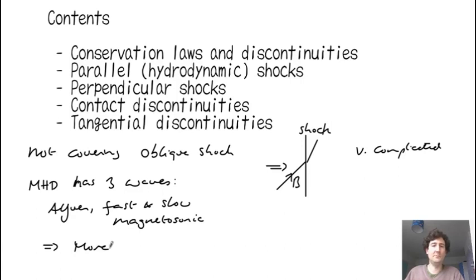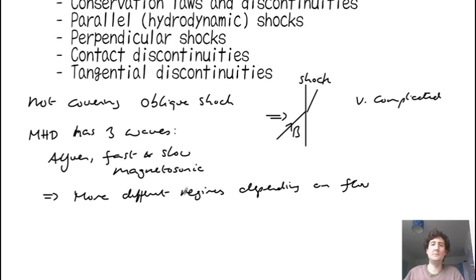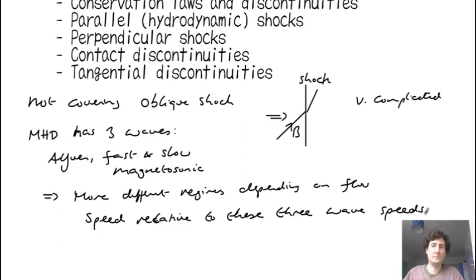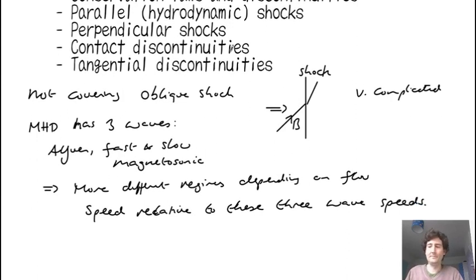So this becomes more complicated, or there are more different regimes depending on the flow speed relative to these three different wave speeds. So that derivation is quite complicated, and so I won't cover it here, but this video will introduce the basic kinds of shocks and discontinuities. Hopefully that will be a good start.